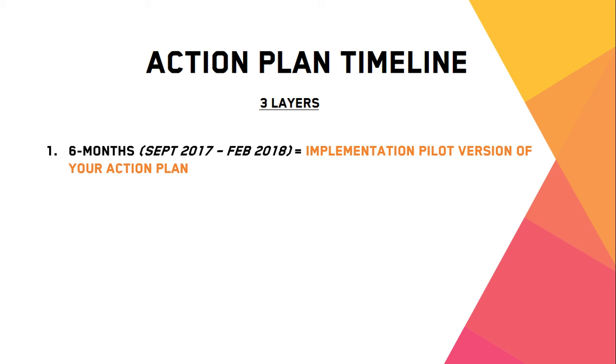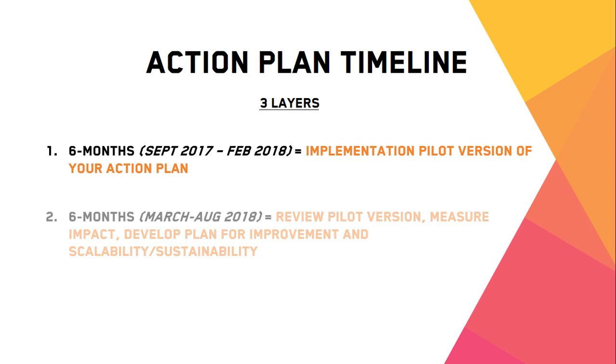After the pilot is completed, it is very important to review the implementation and impact. So what impact did your pilot version have, and how can we improve it? So that's the next phase of 6 months. In this step, you're also going to look into developing the plan and making it scalable, so scaling it up.